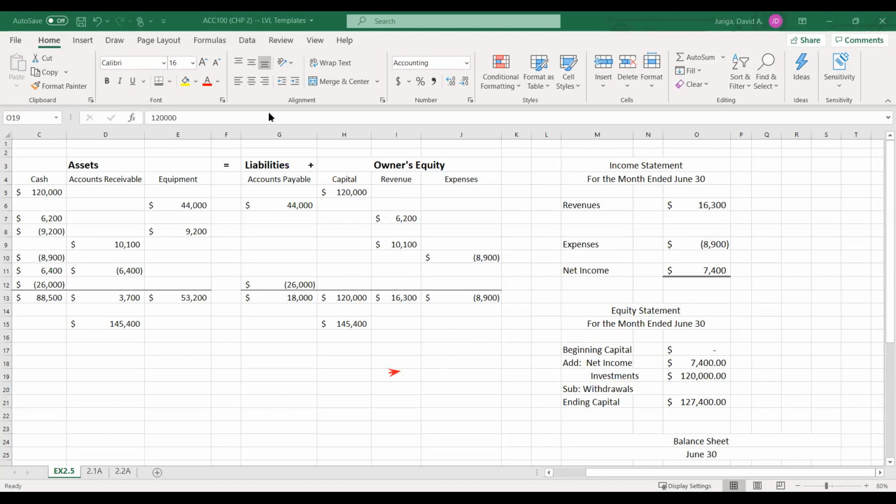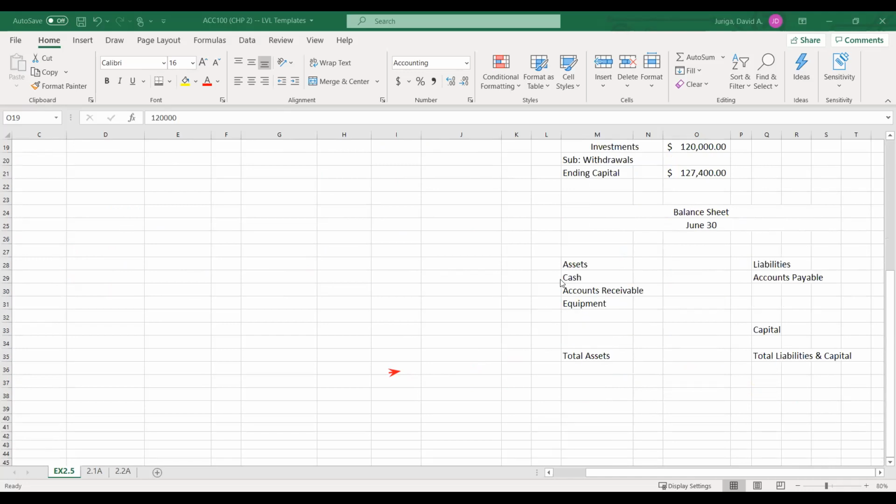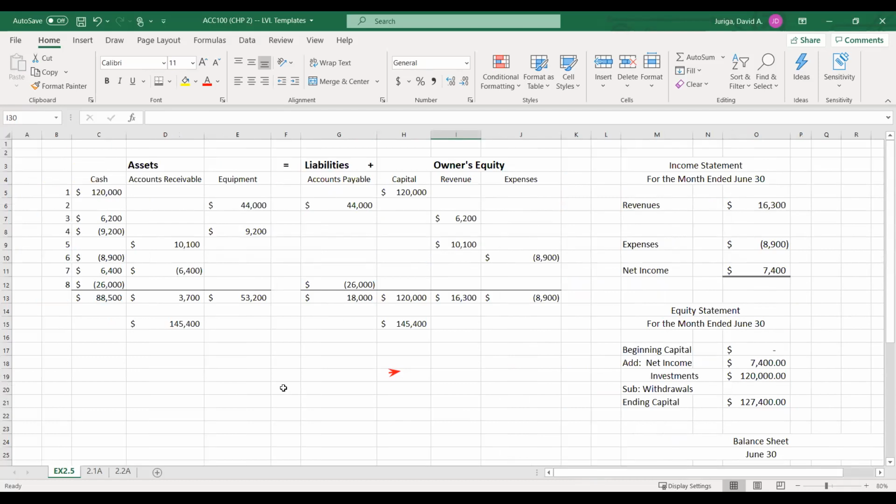So when we go to financial statement number 3 on your balance sheet, and I'll go back up and show you, we got to plug in our 3 assets, which we actually already know the numbers. We will plug in our accounts payable, and then we'll plug in this equity, this capital number, and then we'll see if we balance. So we've got 3 assets: cash, accounts receivable, and equipment.